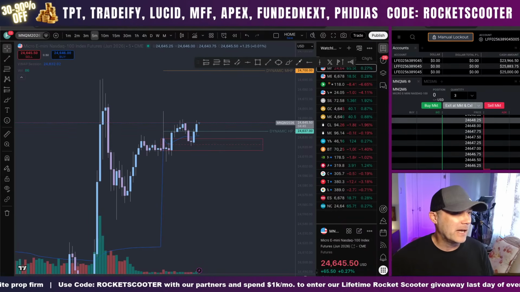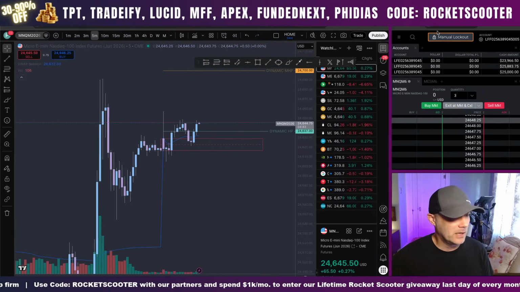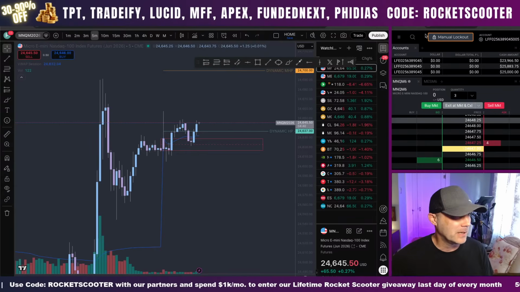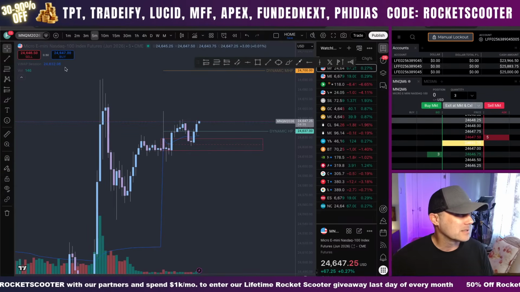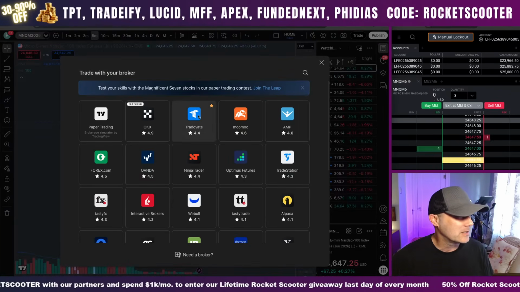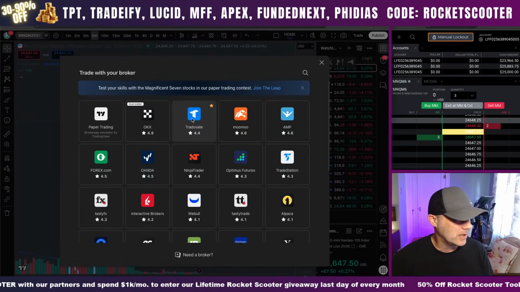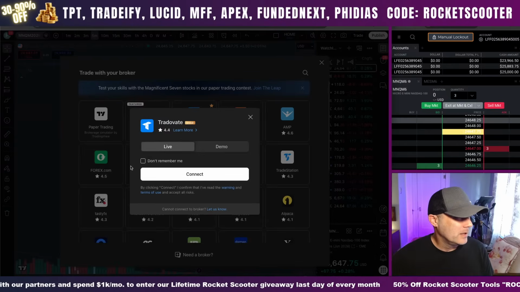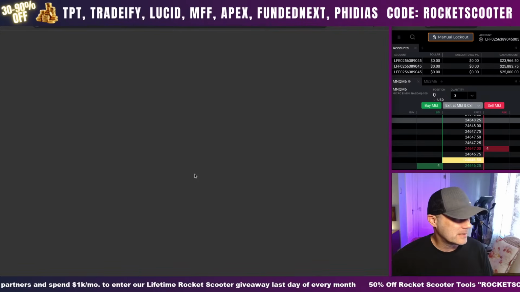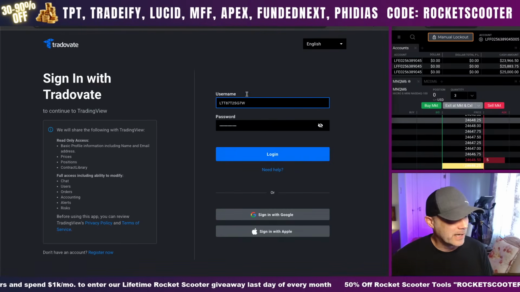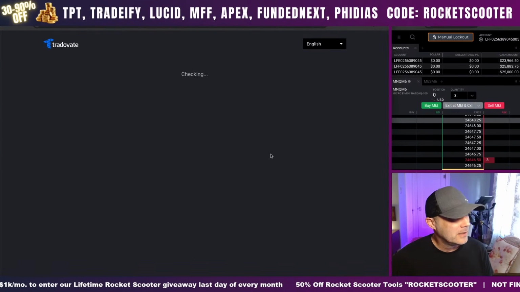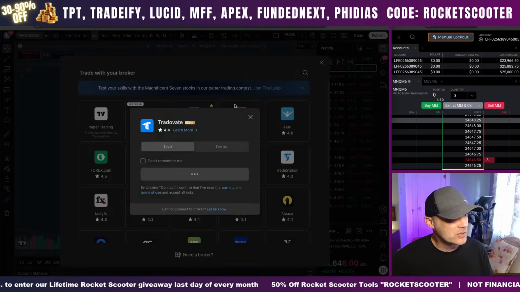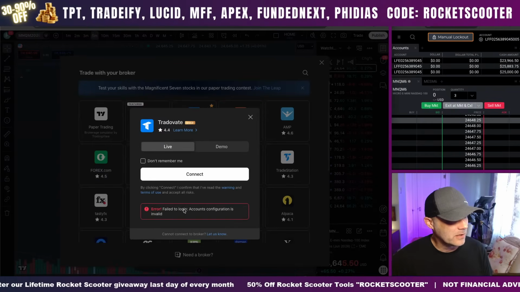I can get Tradovate to pull up my DOM for my Lucid accounts, but I can't get it to connect inside of TradingView. When I hit Tradovate and click connect, it takes me to the login screen, and I put in my username and password. When I click login, it says checking, and then it gives me a failed to log in, accounts configuration is invalid. I don't know what that means.